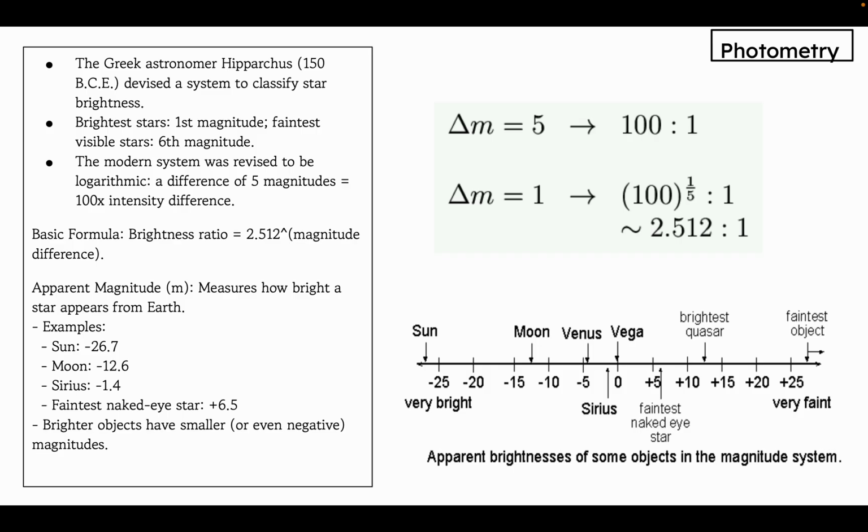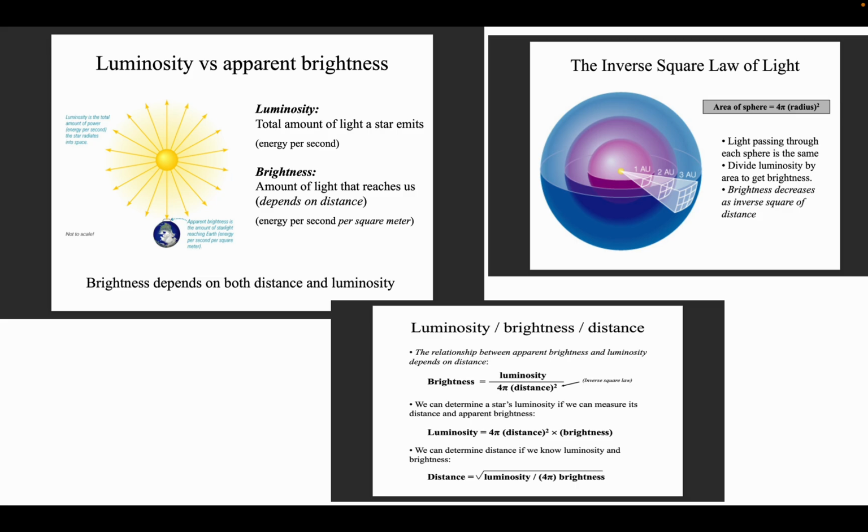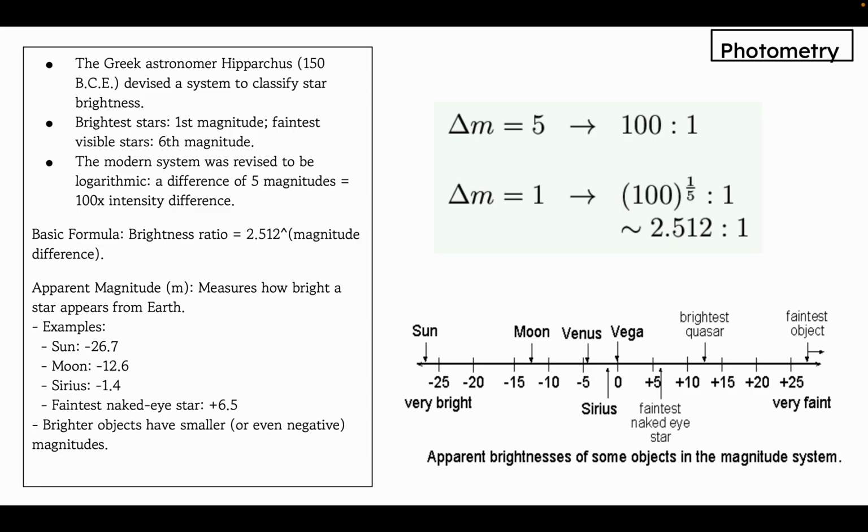Now from this simple description, you can see what photometry is. Photometry started early, around 150 BCE, when the Greek astronomer Hipparchus devised a system to classify stars according to their brightness.